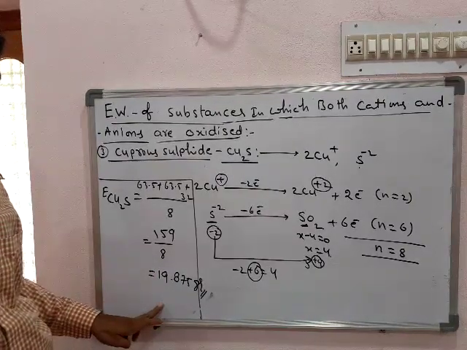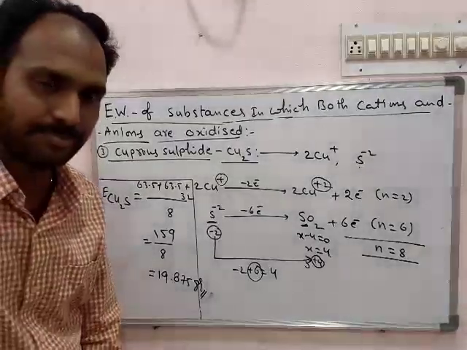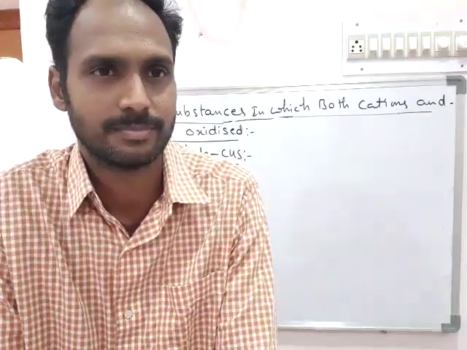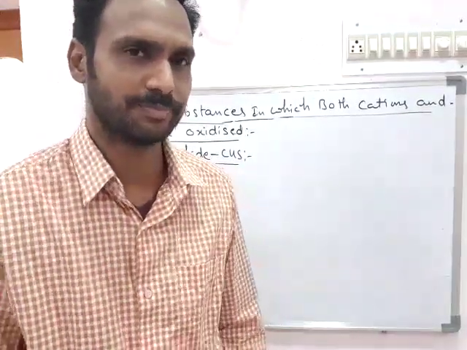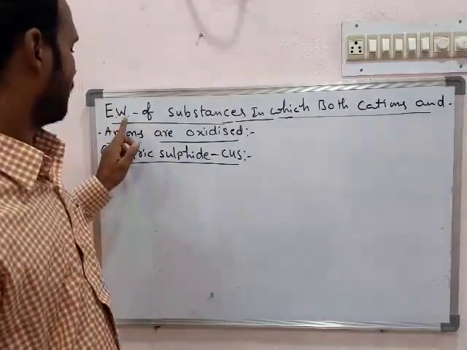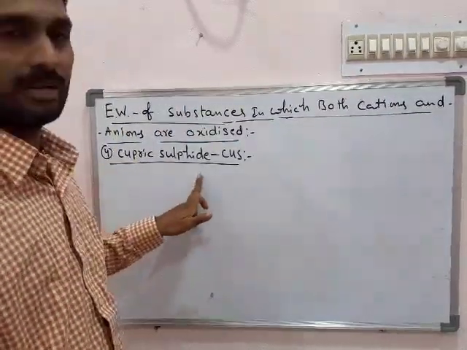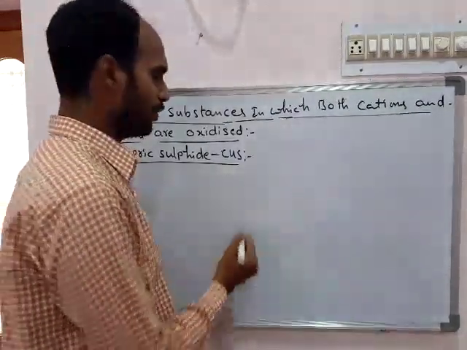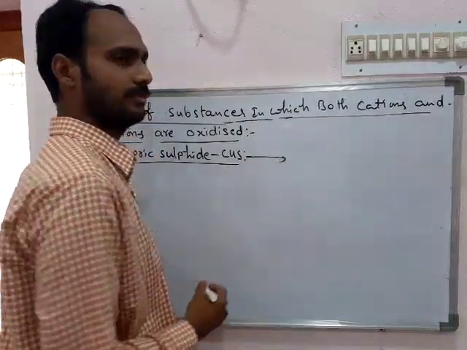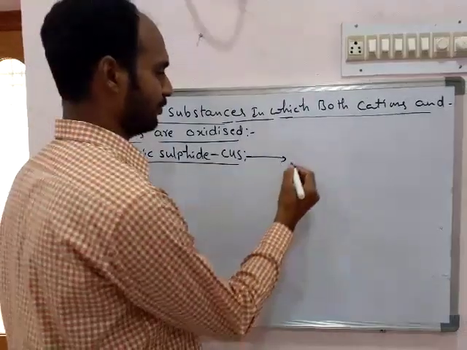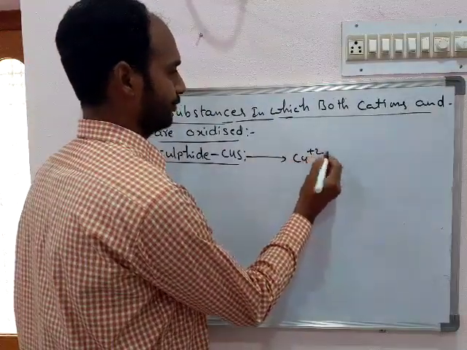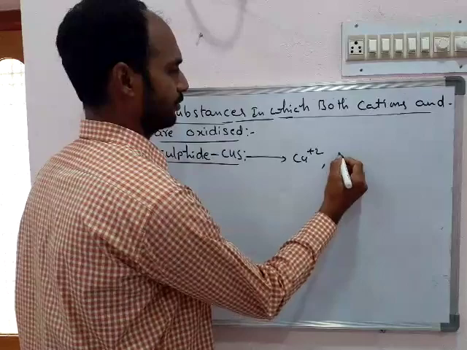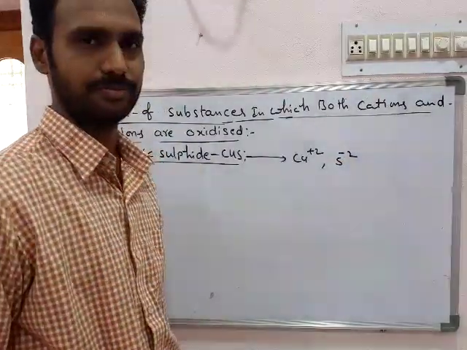Okay. See the fourth problem. The equivalent weight of cupric sulfide. So we know that the ions of cupric sulfide are Cu plus 2 and S minus 2.